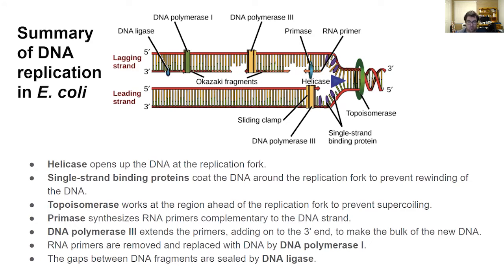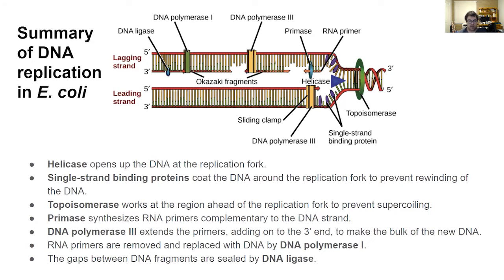At that point, we have our single strand binding proteins, our Ssb proteins. They coat the DNA around the replication fork to hold it open and prevent the strand from rewinding together. They've got to keep those hydrogen bonds apart.